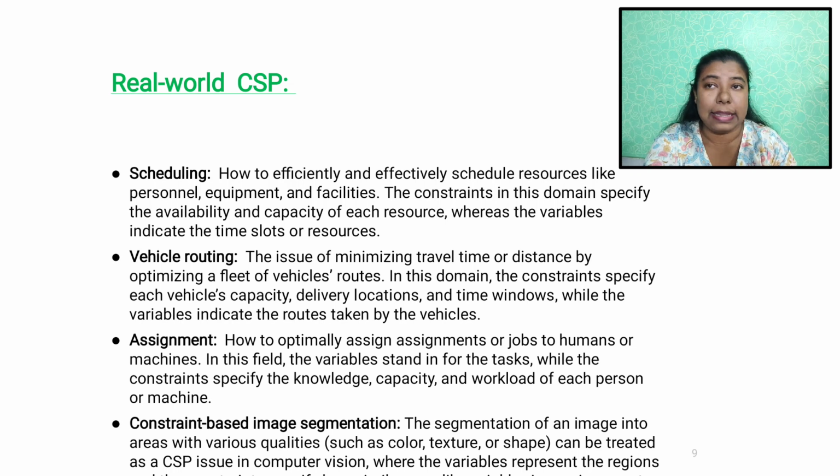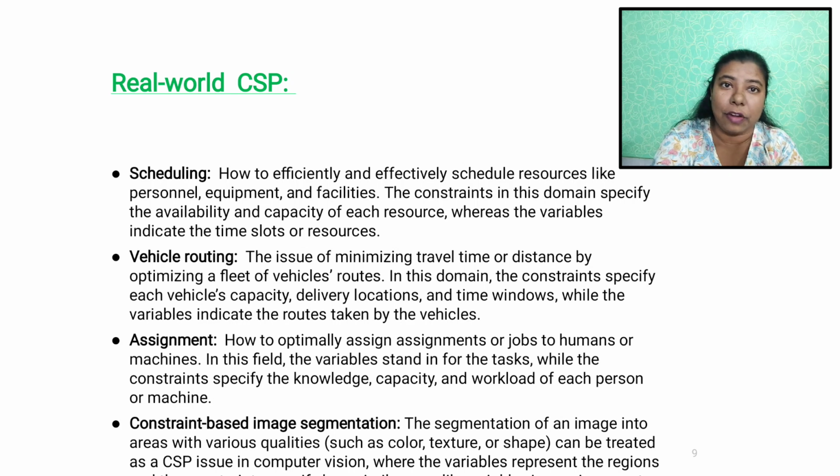As we have said, it is a set of variables and a set of values. So definitely there are some constraints, whatever the availability and the capability of the resources, and those are the constraints, because my capability and my availability are very constant. And the variables indicate the time slots. Basically, scheduling is used for time slots.